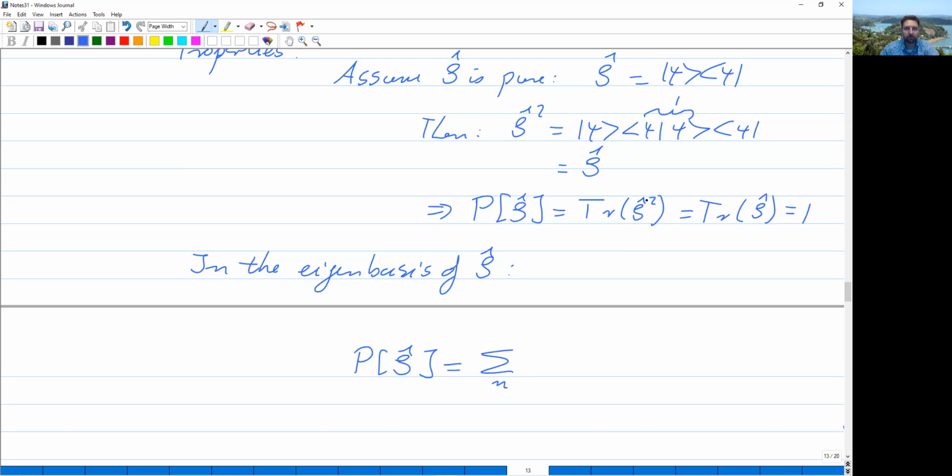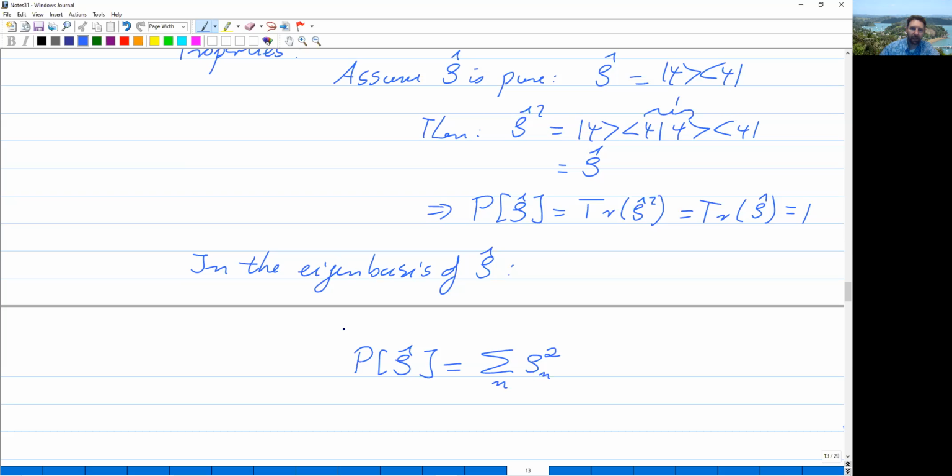We square them and sum them up, so this is the sum over the rho n squared. The rho n are the eigenvalues of the density matrix, so the probabilities for finding the system in the nth state, the nth basis vector of the eigenbasis of our rho hat. Okay, so that's how that looks.